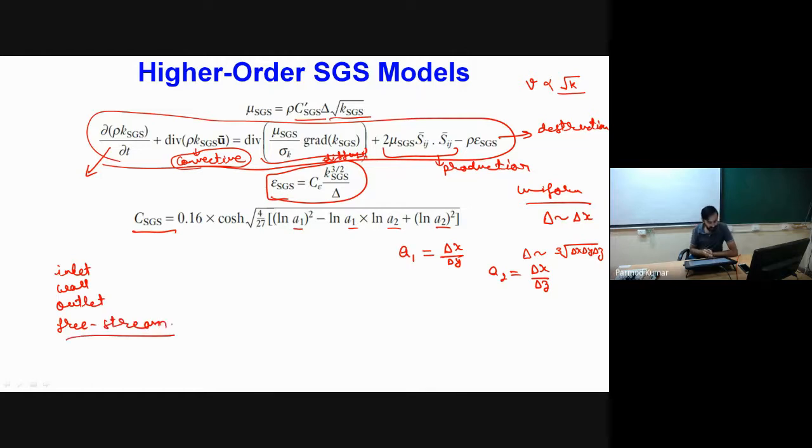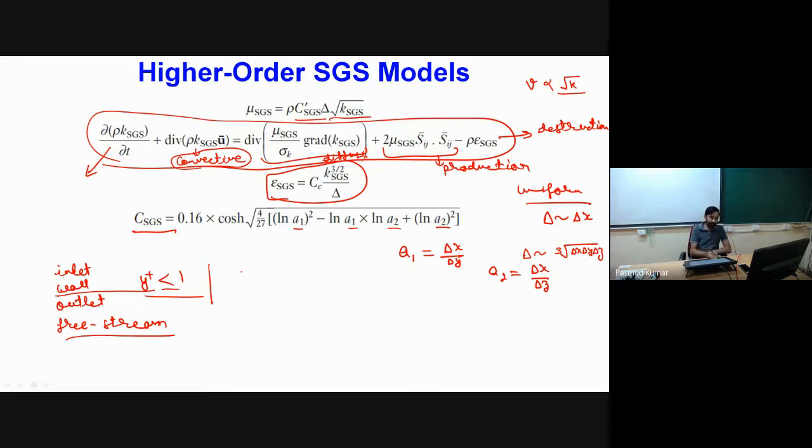Sometimes in LES simulations, close to the wall, particularly when y plus value is less than or equal to 1, instead of solving the additional equation, sometimes we use the logarithmic law of velocity profile, whatever I have shown you in the earlier lectures.